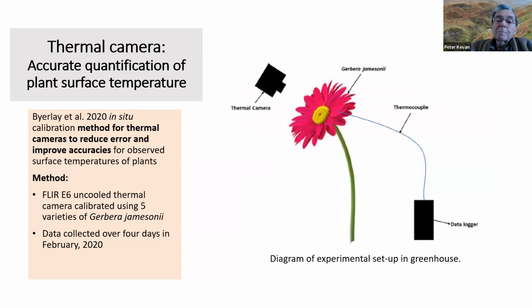The thermal camera is measuring the surface temperature, and the thermocouple is measuring the general temperature on the surface and around the flower. So we collected data over 4 days on 5 different varieties of Gerberas. Next slide.